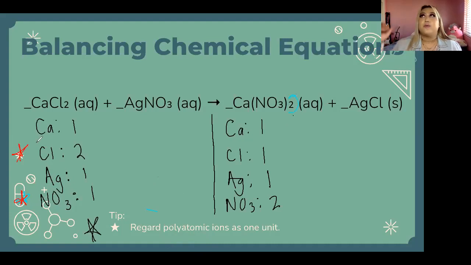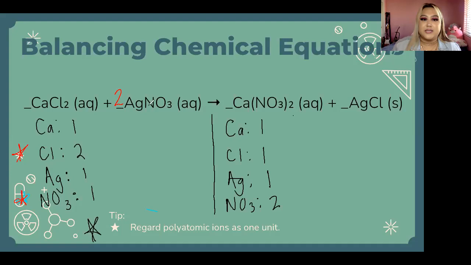Okay, so I like to attack the polyatomic ions first, just because they're the most complex part about it. So, do you want to add more nitrates to the reactant side or the product side? Reactant. So, what number do you want to put in this coefficient right here? 2. Okay, we're gonna do 2 because we already have 1.